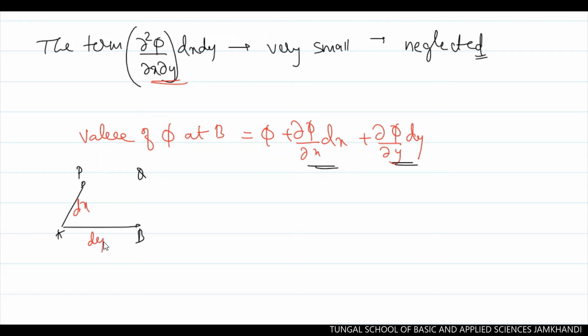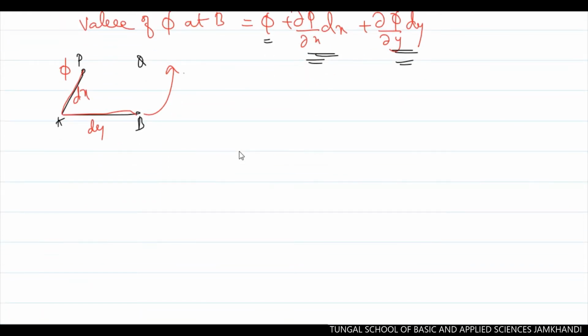So while coming from point P to A to B, the value of this function at point B becomes the total of that function at point P, at point A, and at point B. So that is the total value of the function at the particular point B. Similarly, as I have moved from dx to dy, I then need to move from dy to dz to reach this particular point P.